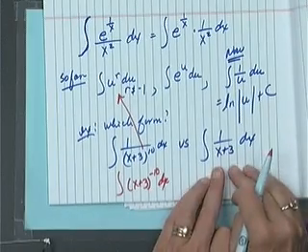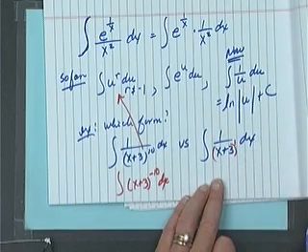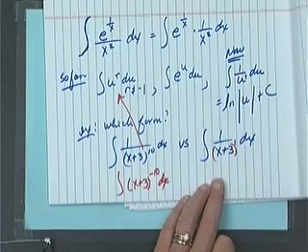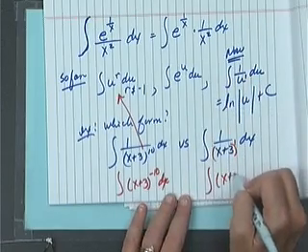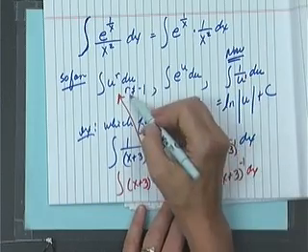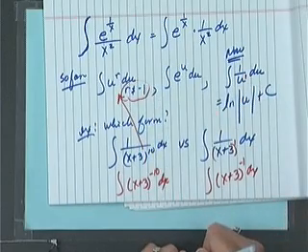Which form is this one going to fit? Well, this whole denominator is to a first power. This is a u to the first power right here. If you tried carrying it up to the numerator, you'd have an x plus 3 to the negative 1 dx. R can't be negative 1 for this formula.